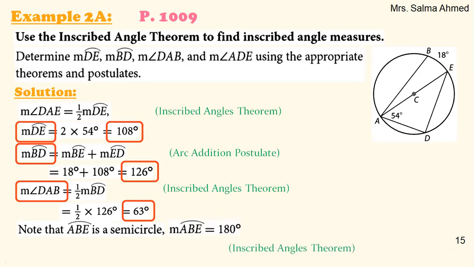So by using the inscribed angle theorem, the measure of angle ADE is equal to half of the intercepted arc. If I'm talking about these two endpoints, and this is the inscribed angle that I want to get, it will be half the arc in front of it. So half times 180 gives me 90 degrees.